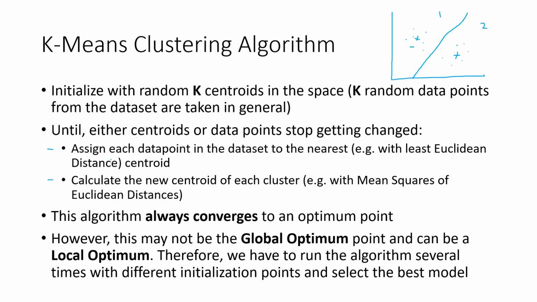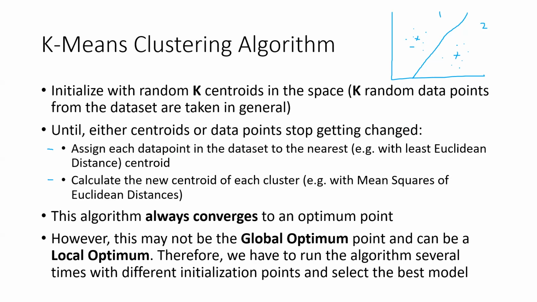The first step is that we assign each data point in the data set to the nearest centroid. So suppose that we assign some centroids here and here, and then we allocate which centroid these data points belong to, right?